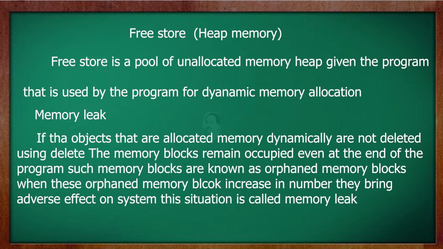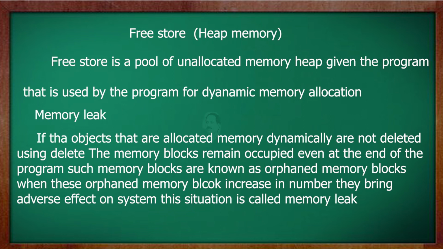Such memory blocks are known as orphaned memory blocks. You can see the word orphan, because no program is taking care of them and nobody is using them. When such memory increases in number, it has an adverse effect on the system. This situation is called memory leak.